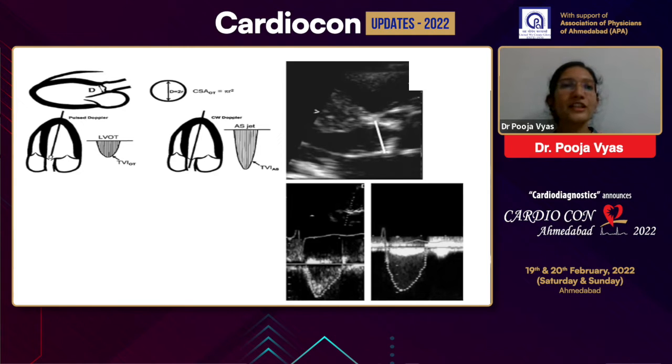So it gives the time velocity integral of the LVOT. And by putting the continuous wave Doppler, we can get the aortic stenotic jet, and by tracing this jet, we can get the TVI of the aortic stenosis.